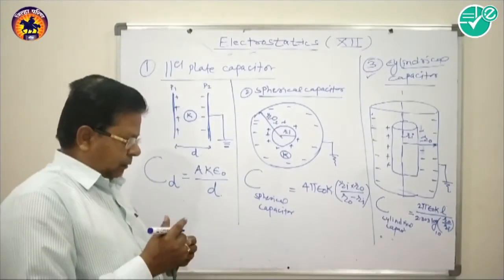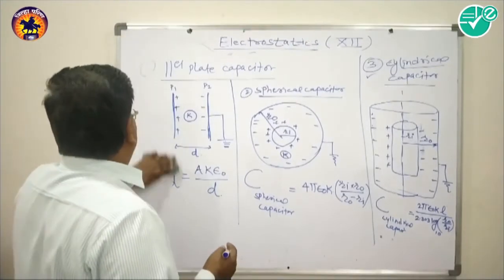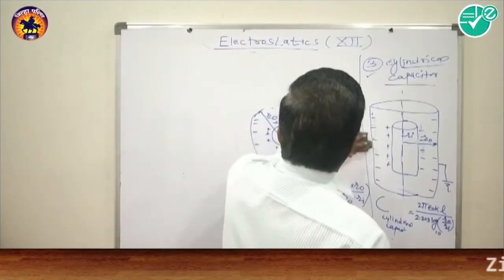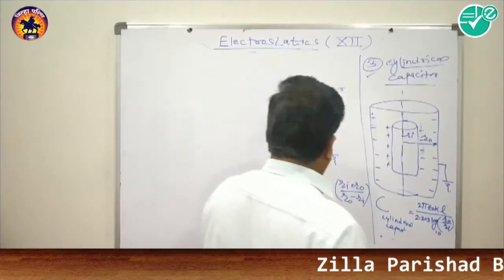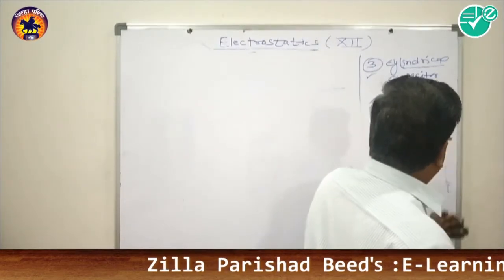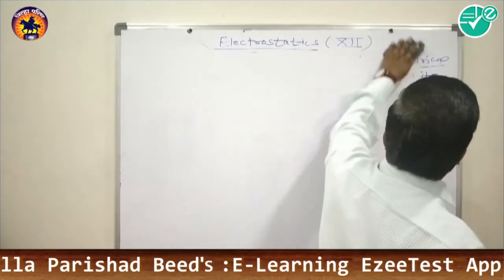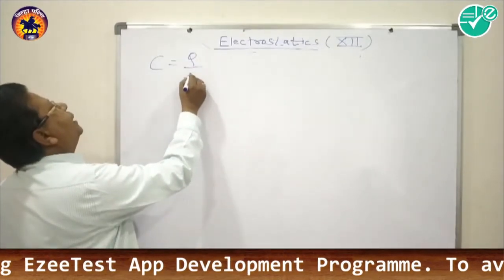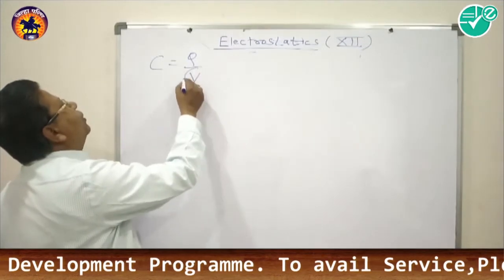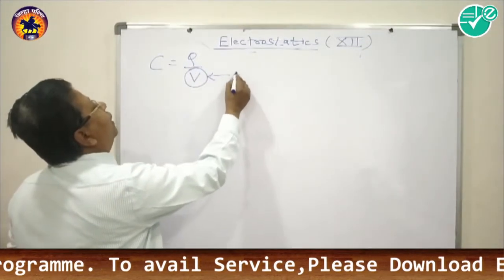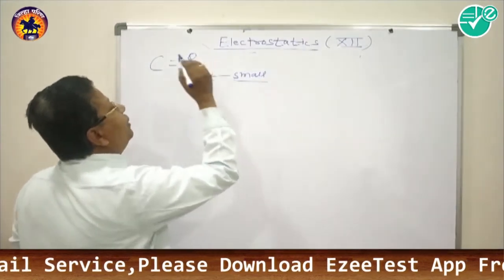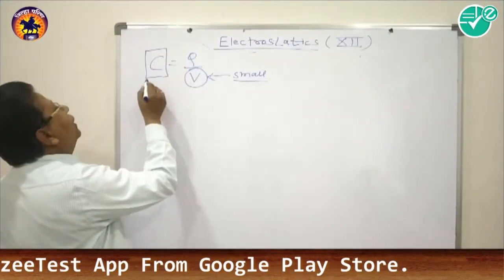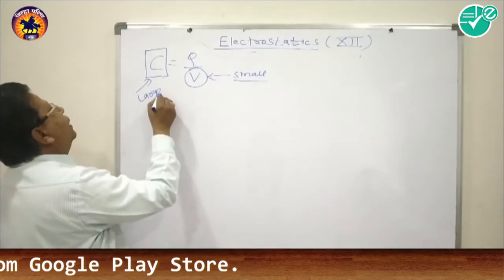Now we will discuss the applications of the capacitor. As a capacitor is an electrical device whose capacitance is given by C equals Q divided by V, from this equation we observe that if the value of V is small, that means the potential difference between the two conductors is small, then the capacitance is very, very large.